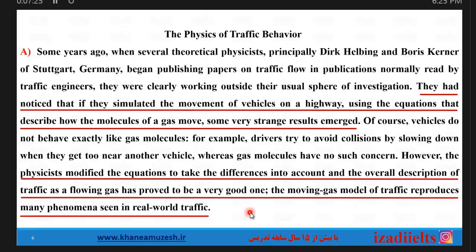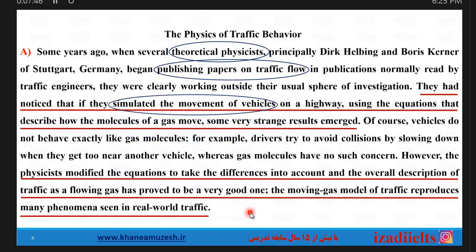For example, theoretical physicists. It's very much related. Publishing papers on traffic flow. Who does that? Theoretical physicists. It's very strange, yes? Applying one field in another. Again, we have simulated the movement of vehicles.